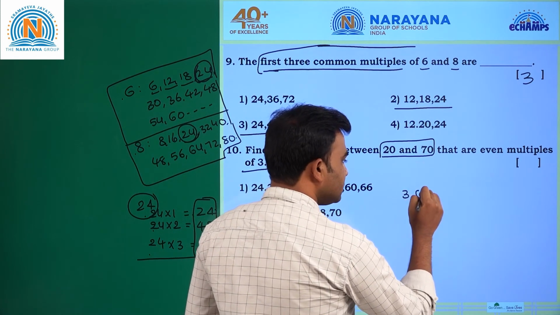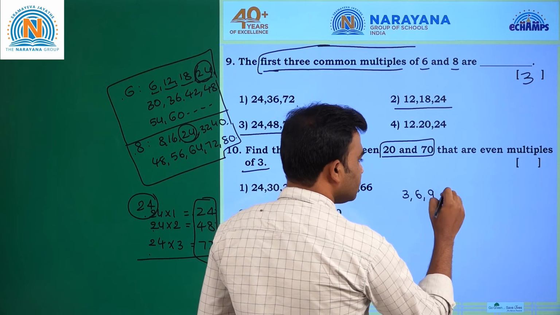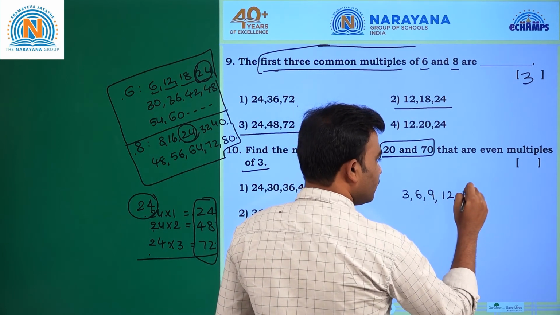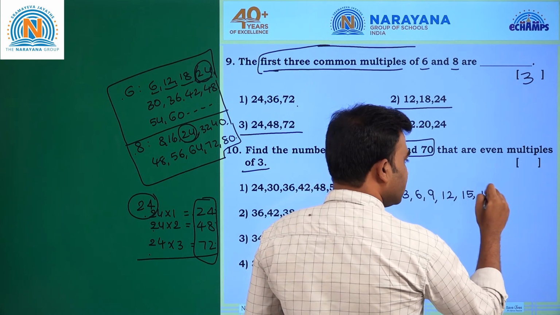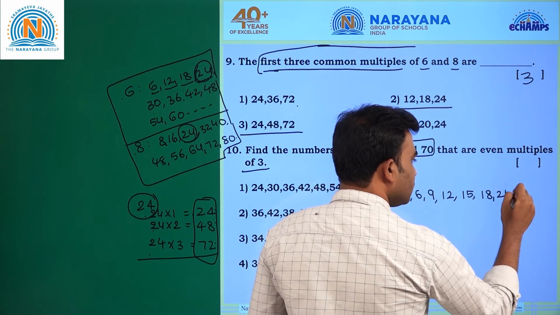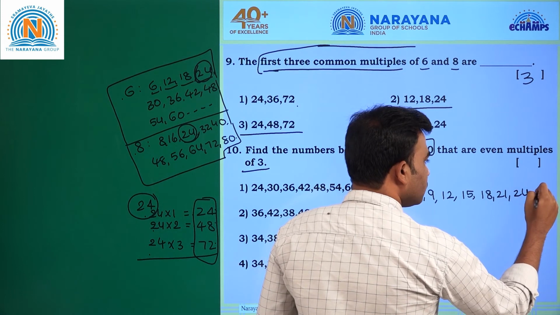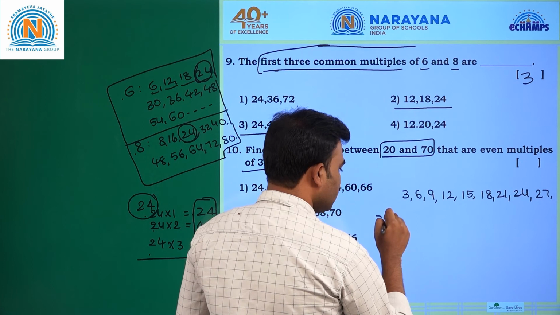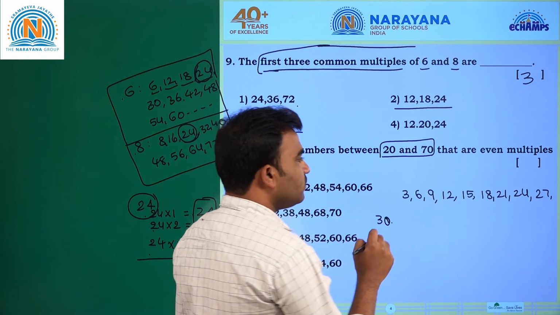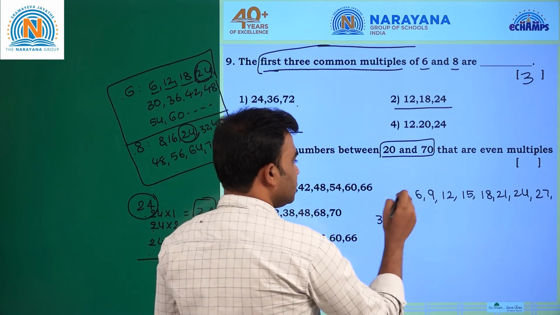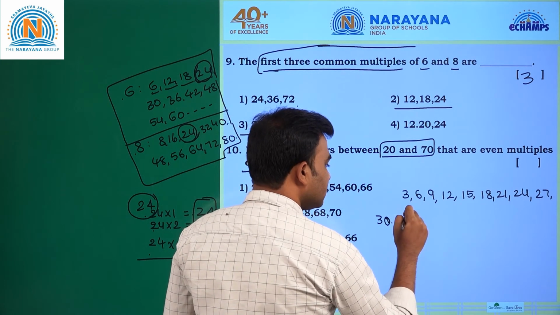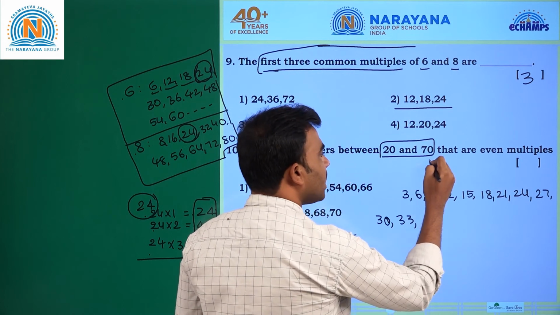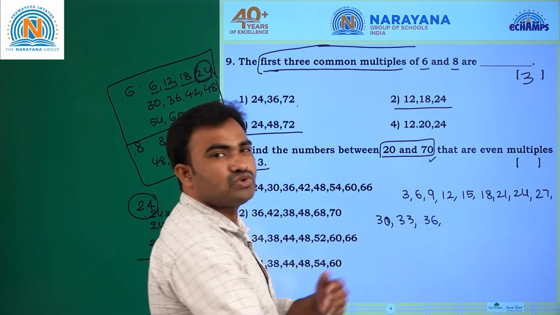3, 6, 9, 12, 15, 18, 21, 24, 27, 30. Up to 30 we know, right? 3 tens 30. Next, 33, 36. As we need up to 70, we have to continue it.